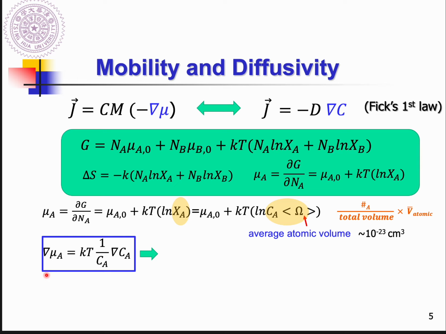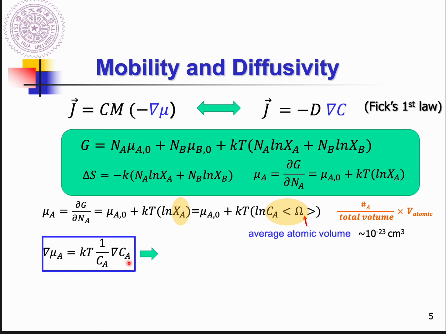What's the relationship? It is between the chemical potential gradient and the concentration gradient. Based on this relationship, we know that the chemical potential gradient is proportional to the concentration gradient divided by Ca times Kt, right?